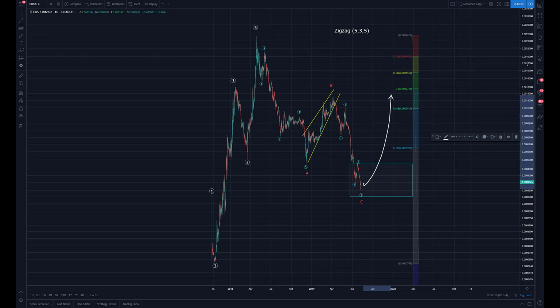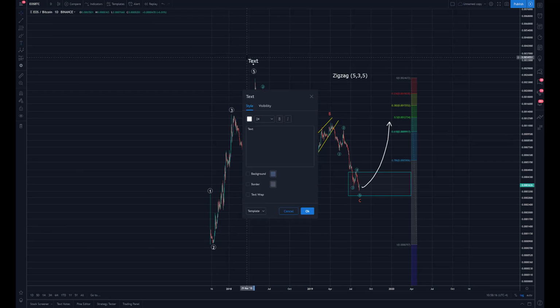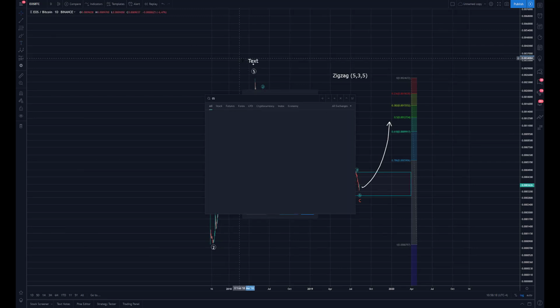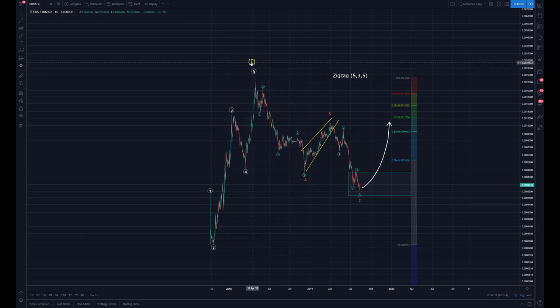Especially if you look at it from a higher degree of trend. These white 5 waves were subwaves to a higher degree wave 1. Okay? The deep correction.